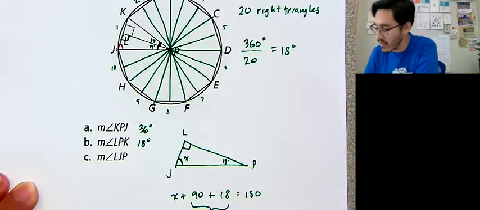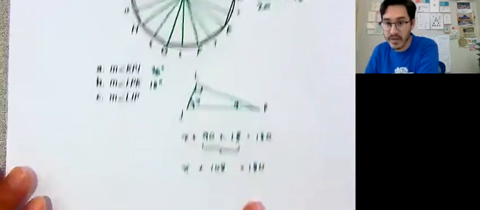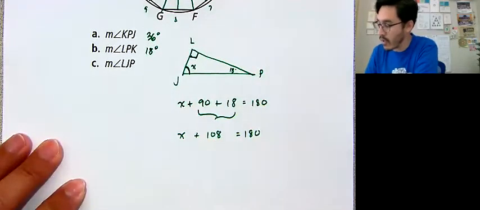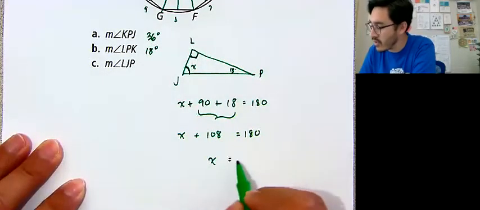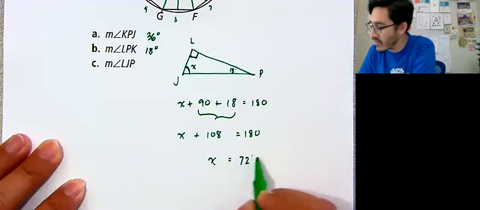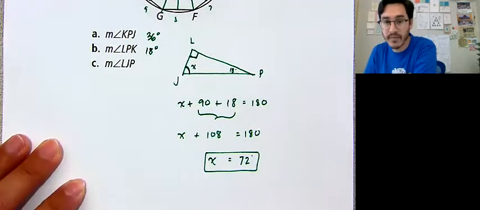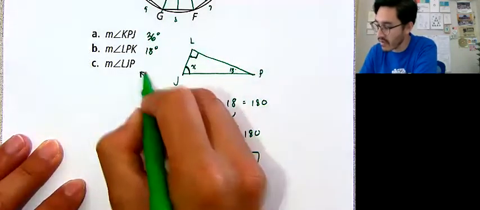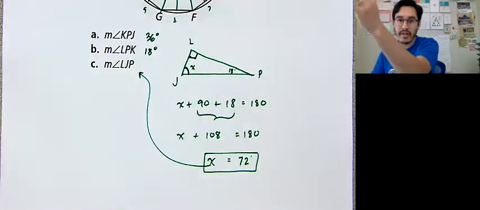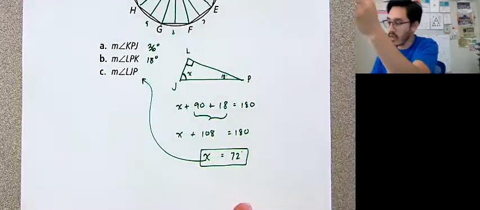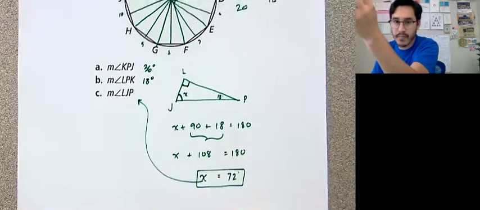Those two angles will be 108, so X plus 108 equals 180. If we subtract 108 from both sides, we get a remainder of 72 degrees. So that's our third and final answer. We just used the triangle sum theorem.